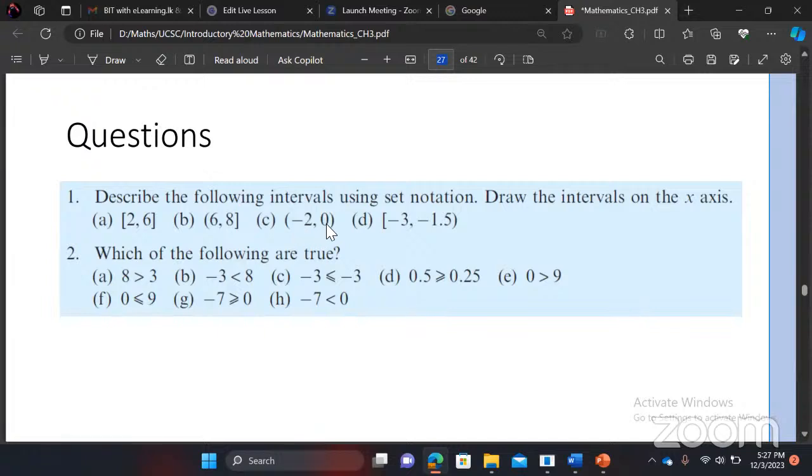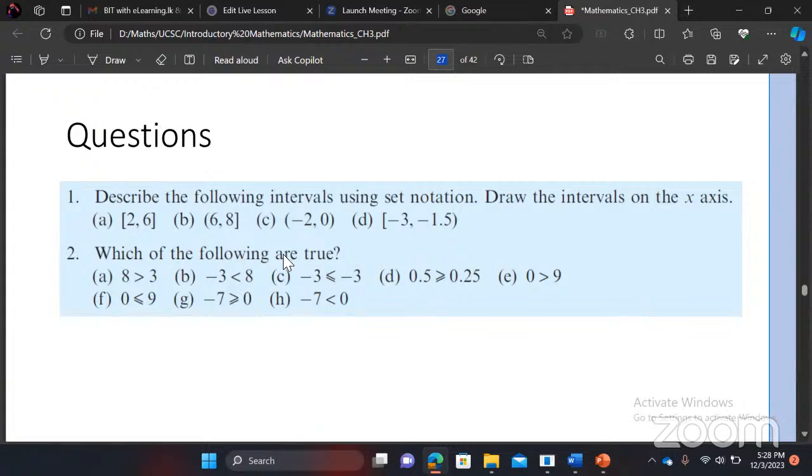And also 0 should be marked with an empty circle. Then color in between, or draw a colored line between -2 and 0. When you consider [-3,-1.5), you have to mark -3 with a colored circle, mark -1.5 with an empty circle, and then color in between these two, right?